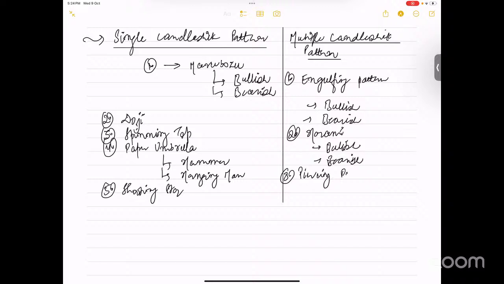Fourth that comes is morning star. Okay. Fifth that comes into picture is evening star. Okay. So of course we must be wondering what that means.